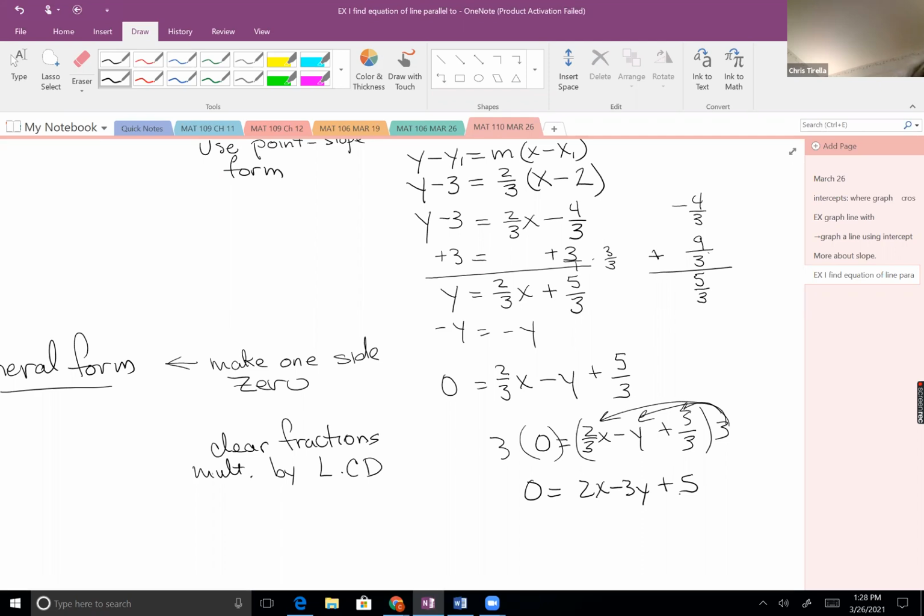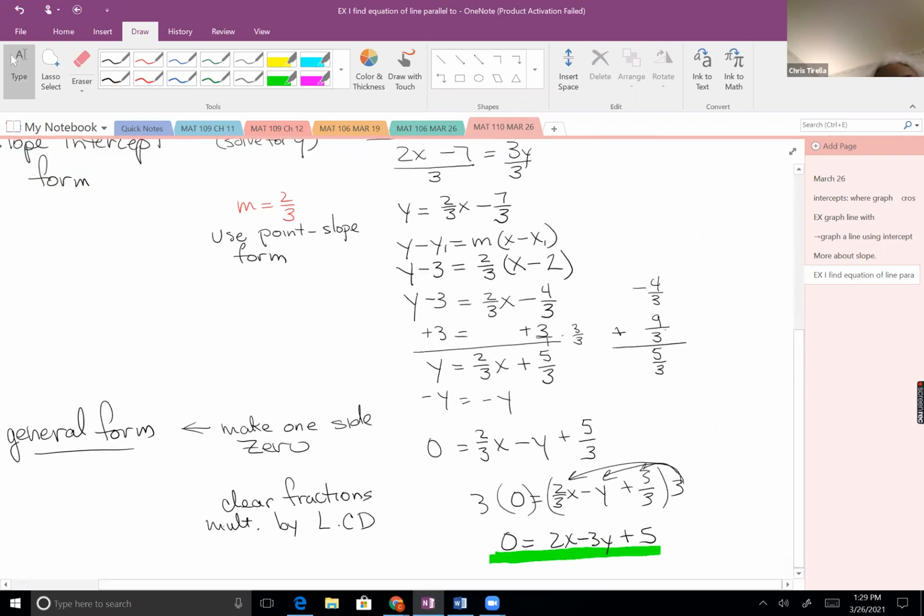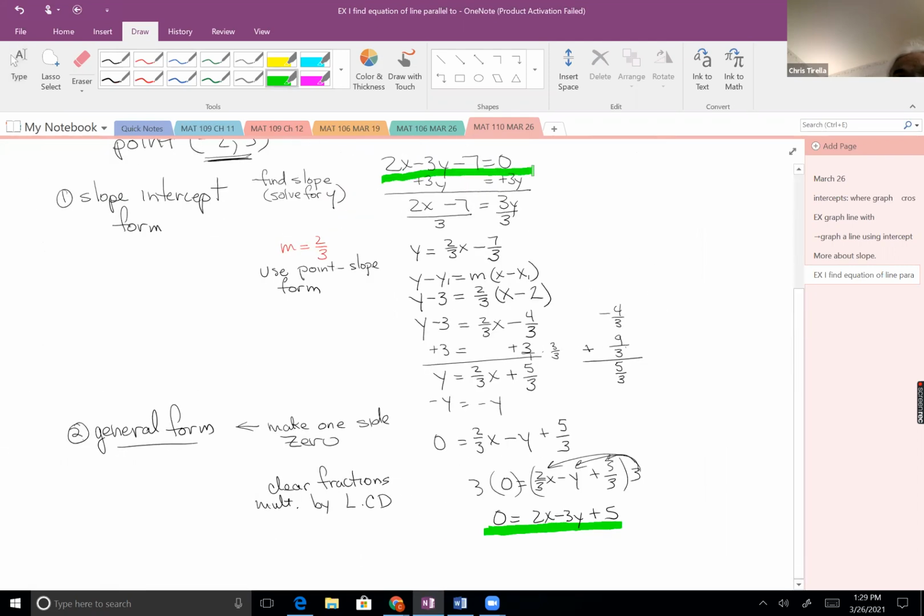Now, the reason I wanted it in general form is I want to compare that parallel line to, I'm going to shrink things up just a little bit, my original line.